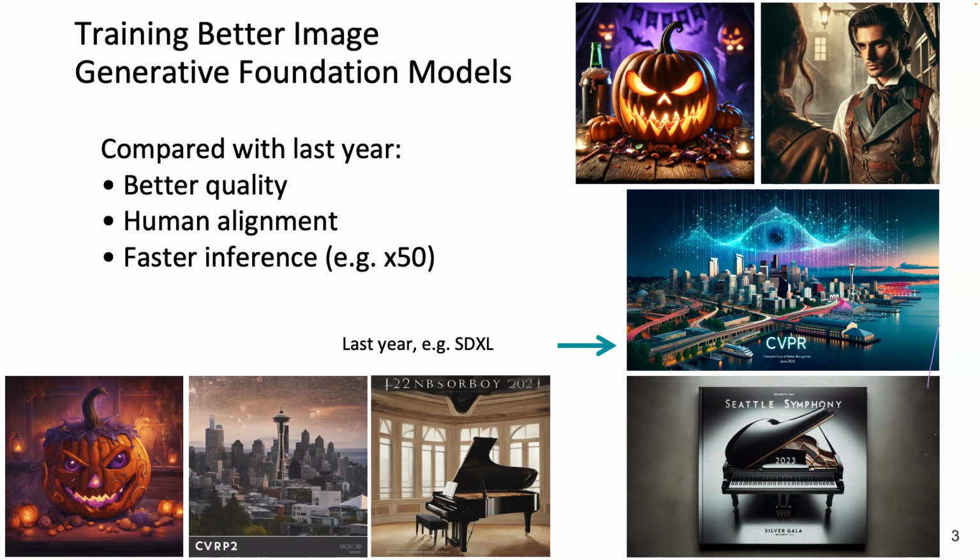Also, it in general better aligns with human intention. Here it means in general, given a generated image, it is more likely what we humans would prefer. This might be jointly reflected as better aesthetics, better prompt following, less harmful content, and so on.